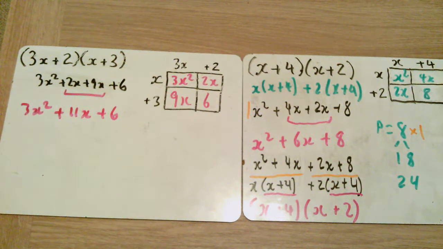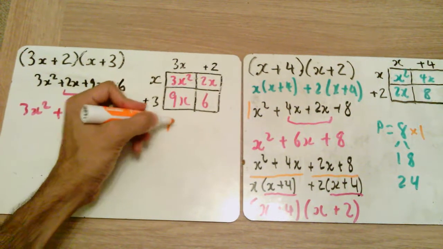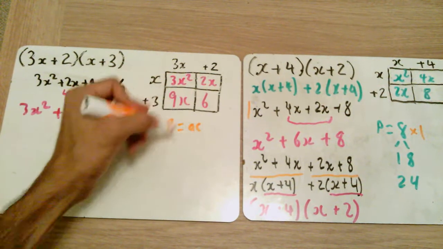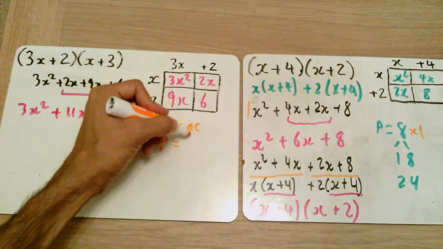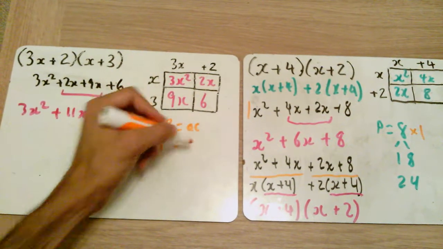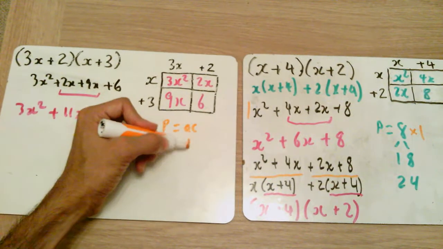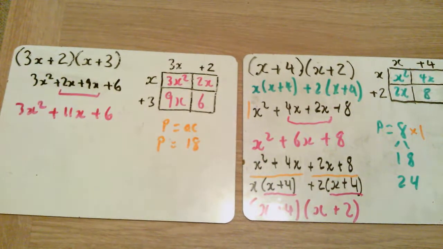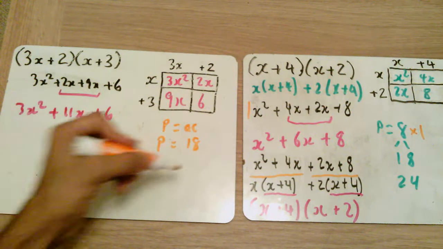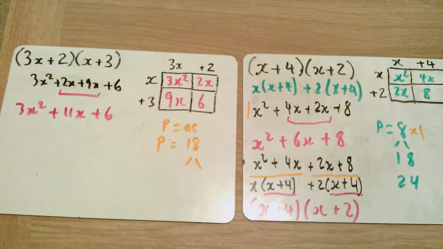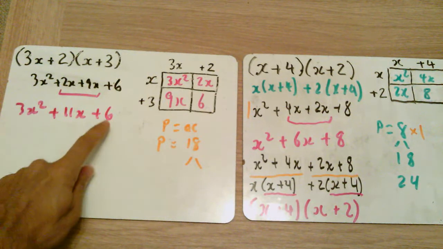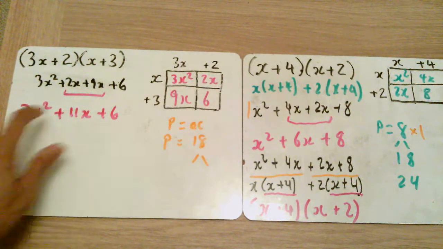Over here, if we use what we call the AC method, the product is AC, which is 6 times 3, or 3 times 6, which is 18. We're now looking for two numbers that multiply to make 18 and add to make 11. This is why we called it the AC method. It's not just two numbers that multiply to make 6, it's two numbers that multiply to make 6 times 3.